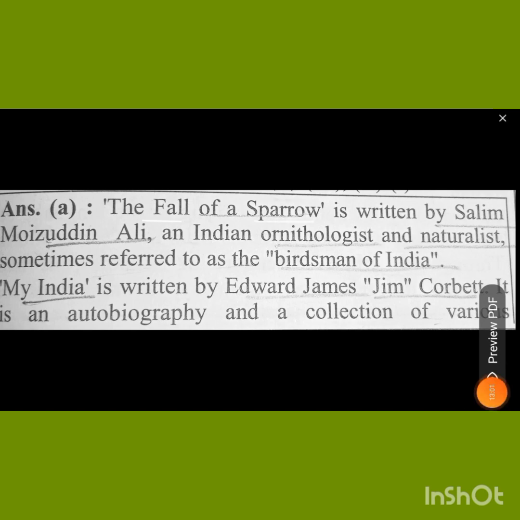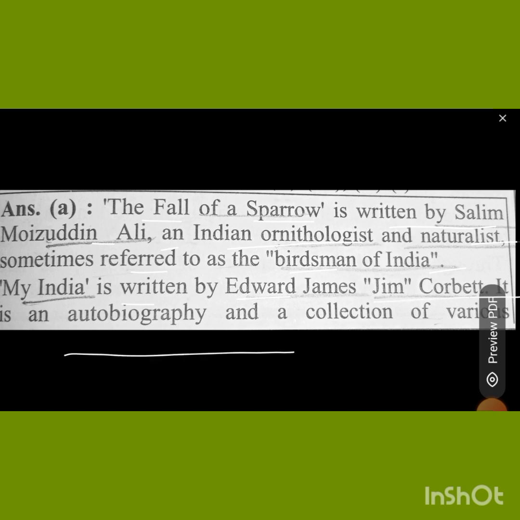The Fall of a Sparrow is written by Salim Moizuddin Abdul Ali, an Indian ornithologist and naturalist, sometimes referred to as the Birdman of India. My India is written by Edward James Jim Corbett.